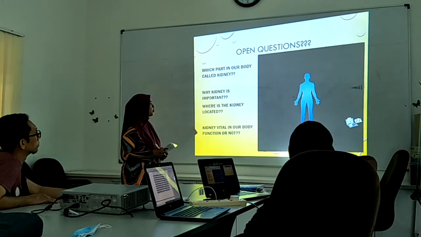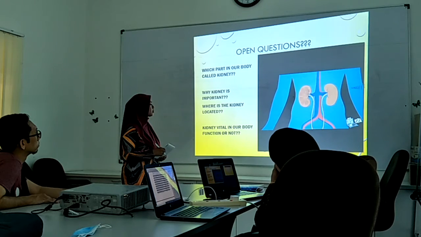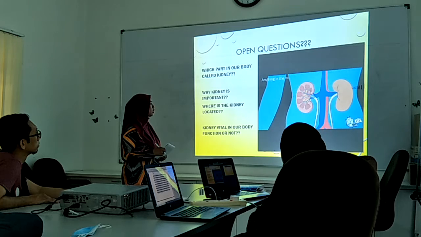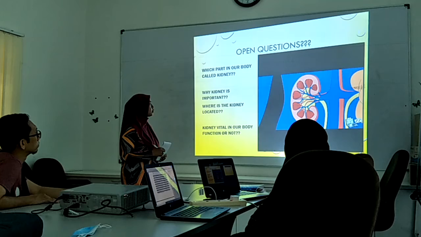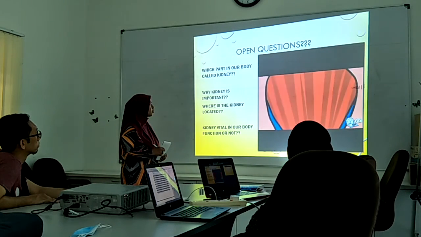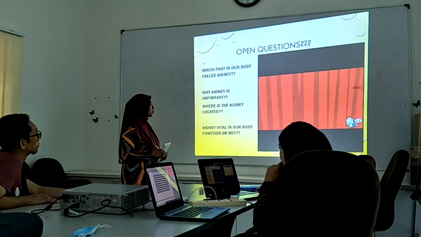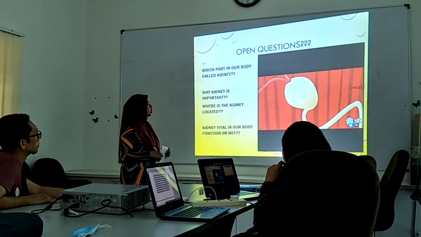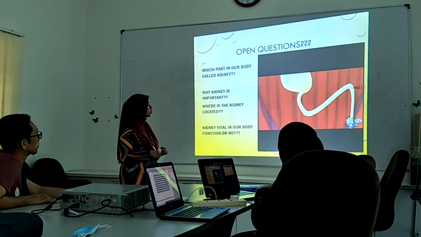Now look closely. Kidneys filter your blood and make urine. Blood passes into the kidney via the renal artery and returns through the renal vein. Once inside each kidney, the blood vessels enter capillaries and then enter thousands of tiny structures known as nephrons, which filter the waste out.